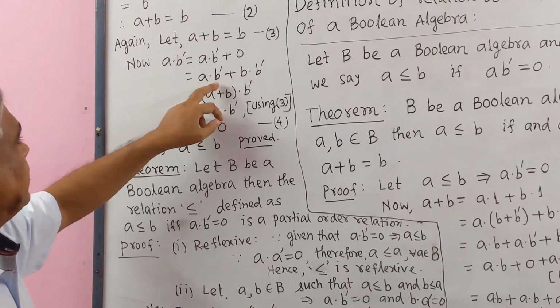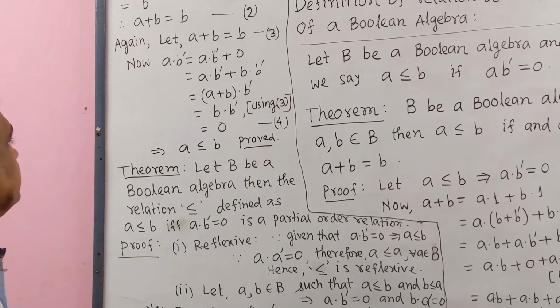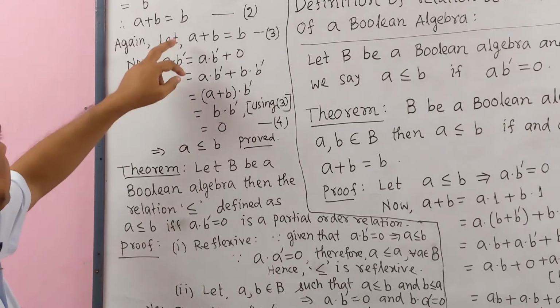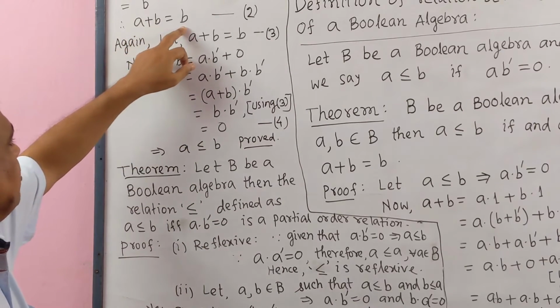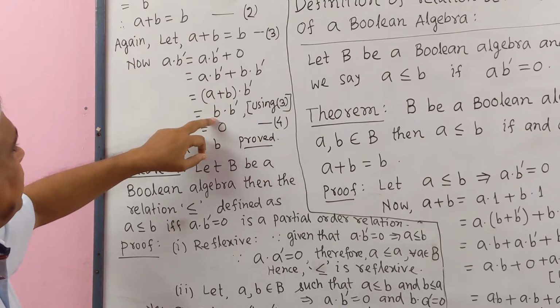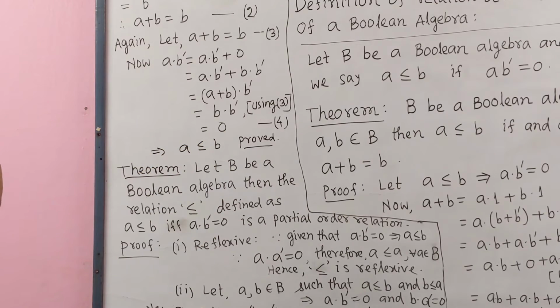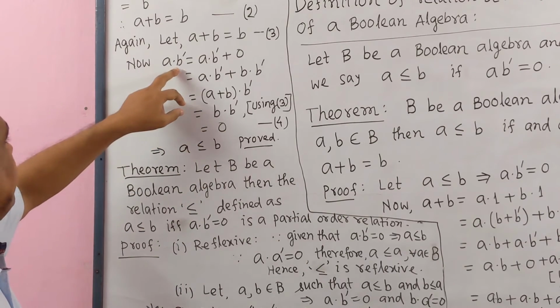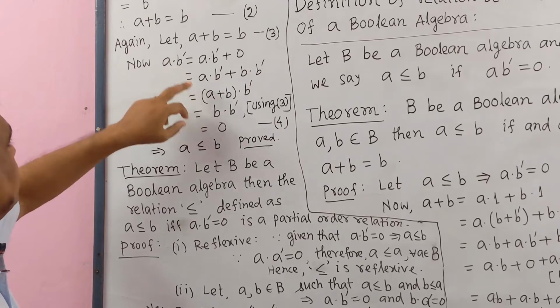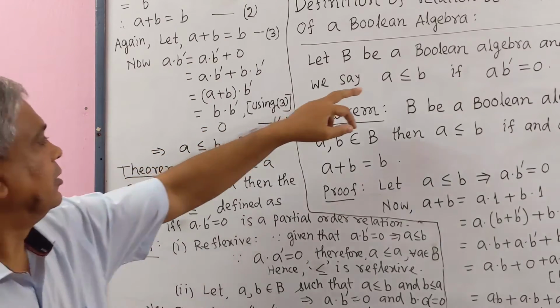So we write a plus b, dot b prime. Since a plus b equals b, here we write b dot b prime, which equals 0. And a dot b prime equals 0 means a is related to b.